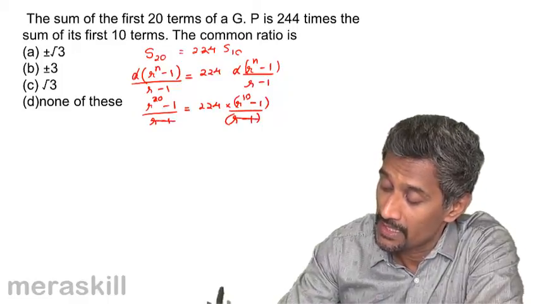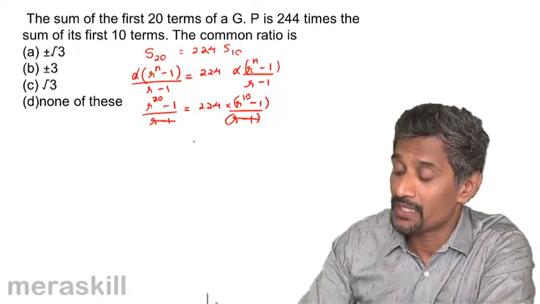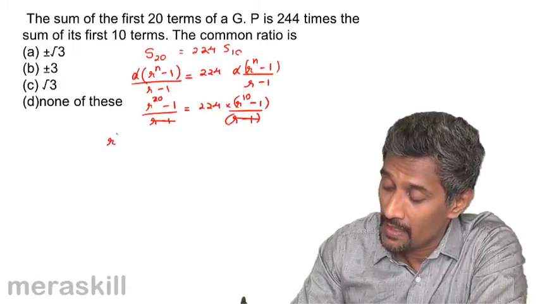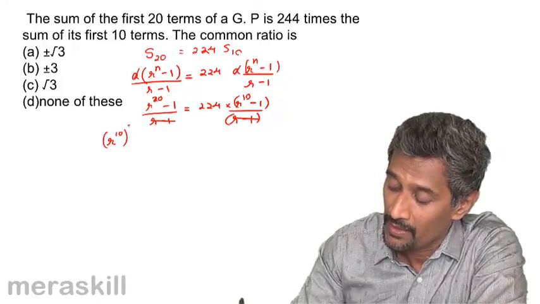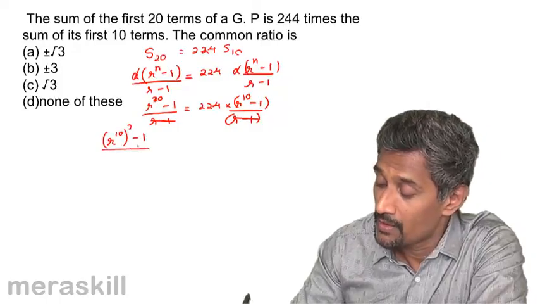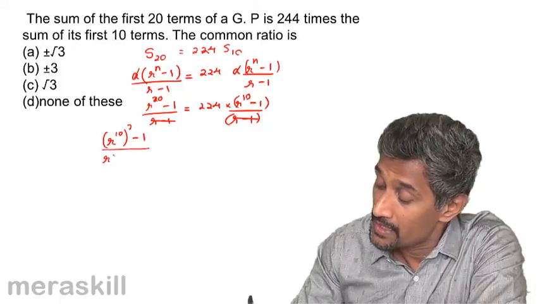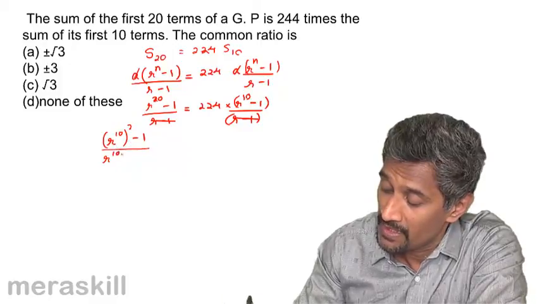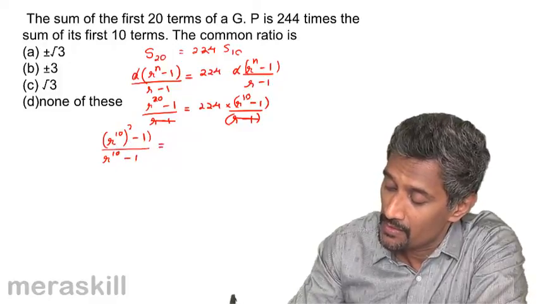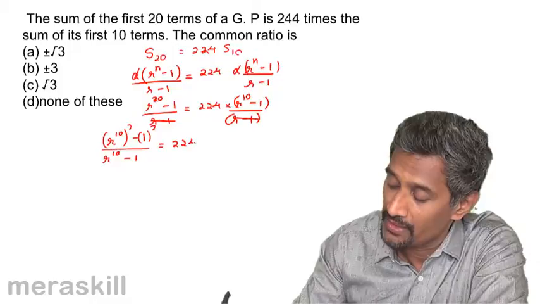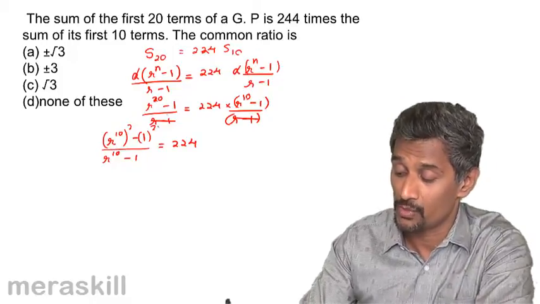Now a gets cancelled, and r minus 1 also gets cancelled. R raised to 20 minus 1 can be written as r raised to 10 whole square minus 1, upon r raised to 10 minus 1, which is equal to 244. So we are going to use a square minus b square.